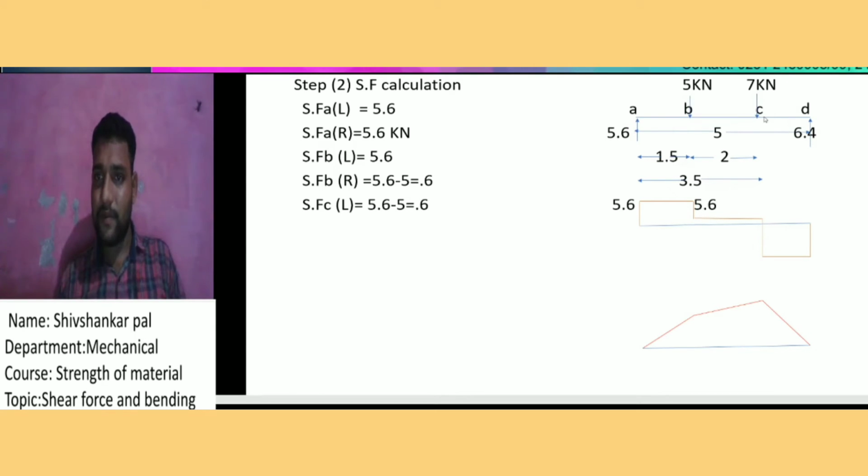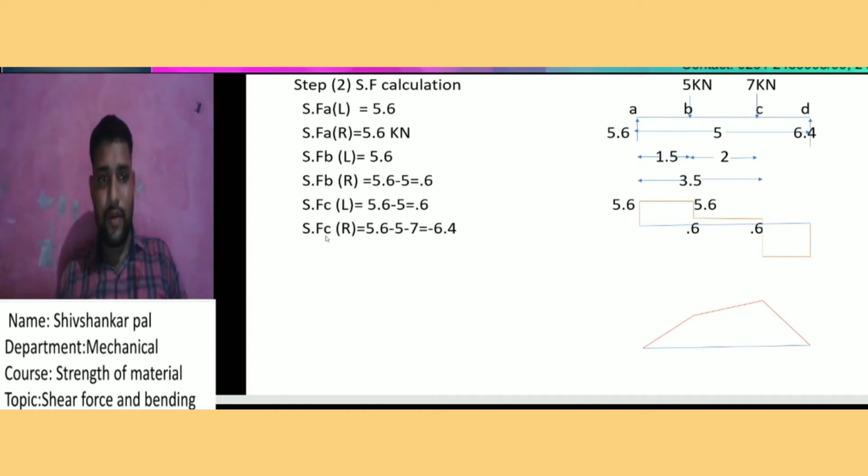Just left of C, I see only two loads, but just right of point C, I see three loadings: 5.6, then 5 kN, and 7 kN.